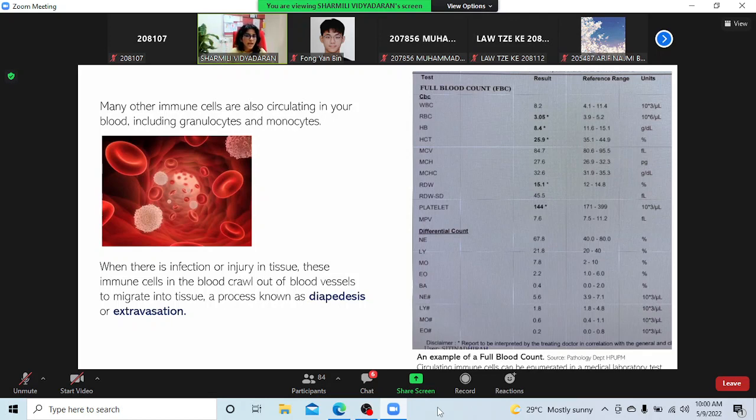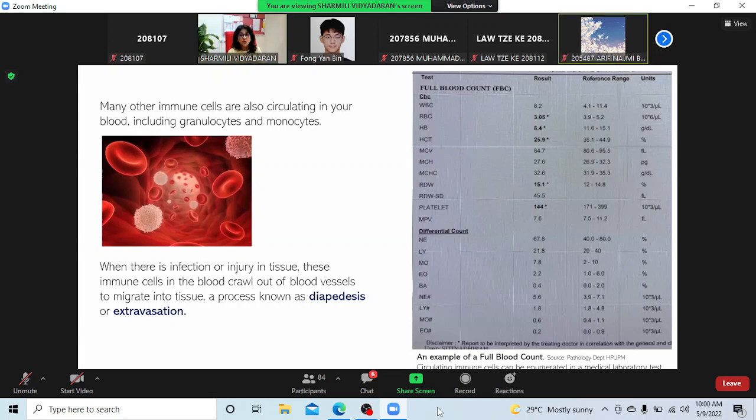Have you all heard of full blood count before? Yes, doctor. And you know that full blood count, you have your neutrophil count, your eosinophil count, your basophil count, and so on, right?